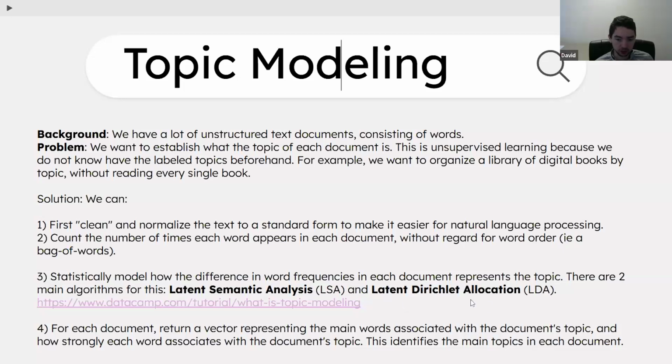There's a few different variations on LDA, on latent Dirichlet allocation. And then at the end, we return a vector representing the main words associated with the document's topic and how much it correlates with the topic.